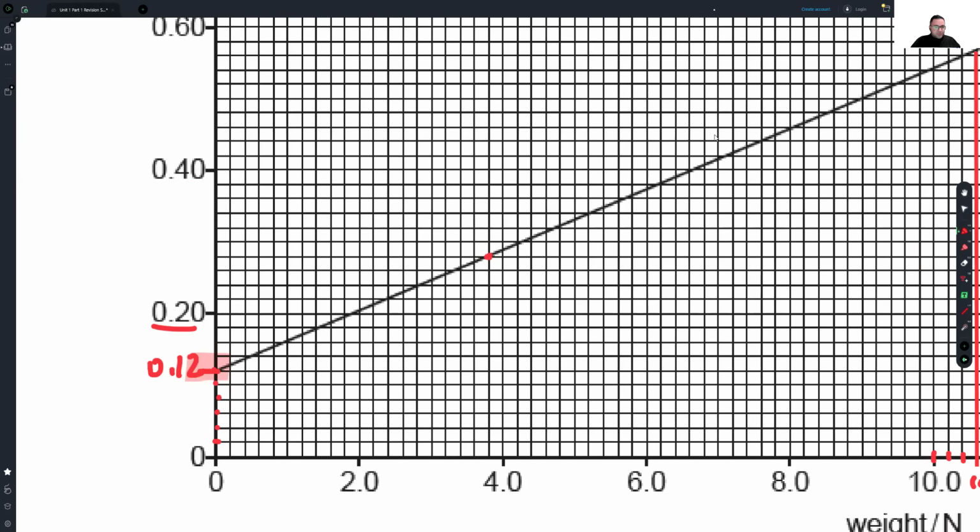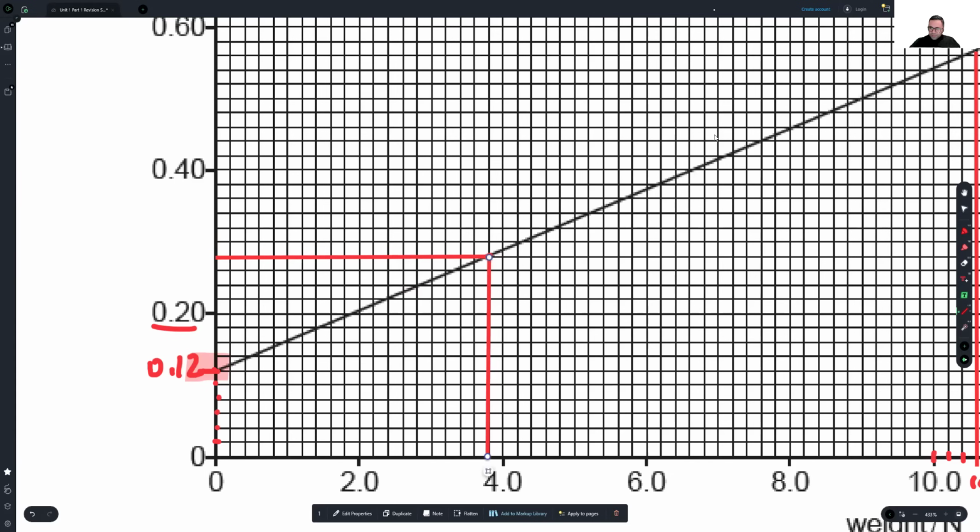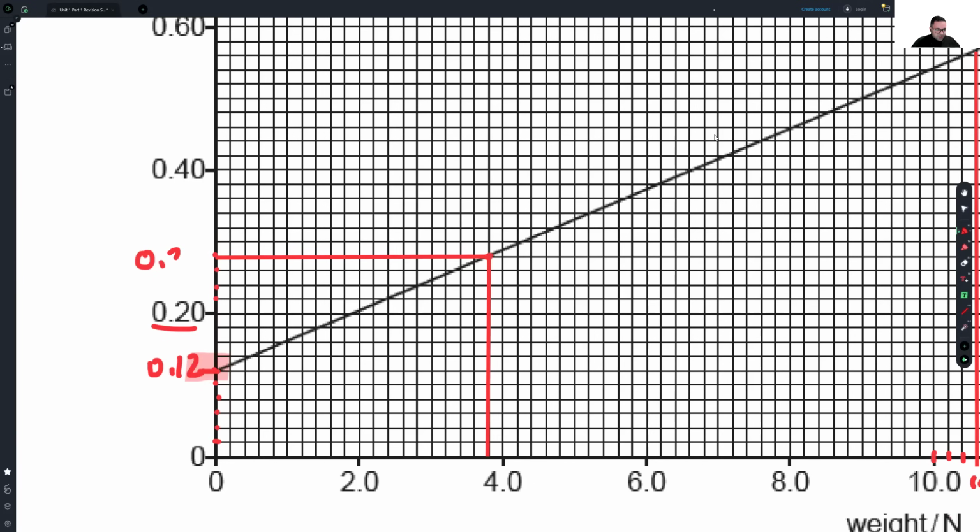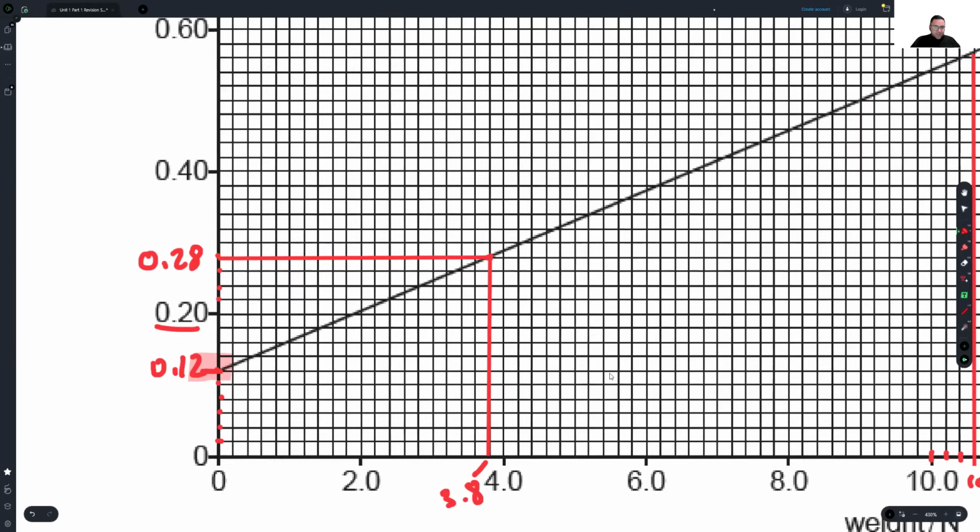The randomest of random points. My points are 0.28 on the y-axis, and 3.8 on the x-axis, because each square is 0.2 on the x-axis.